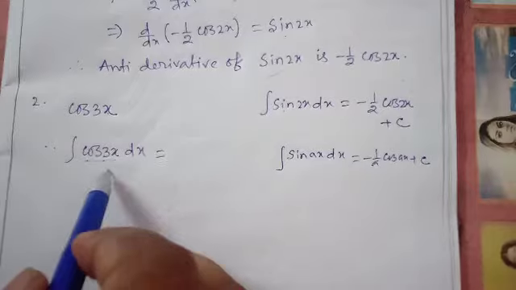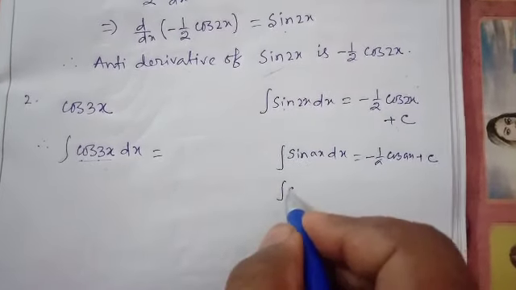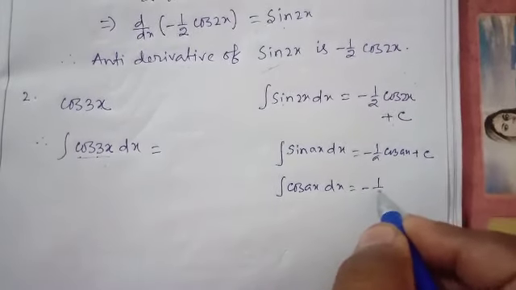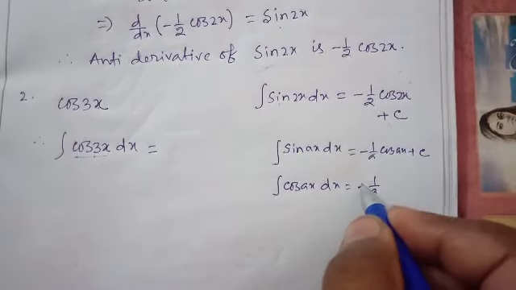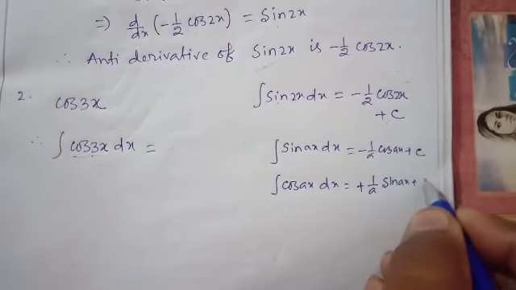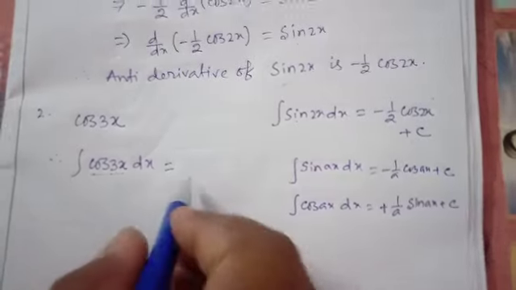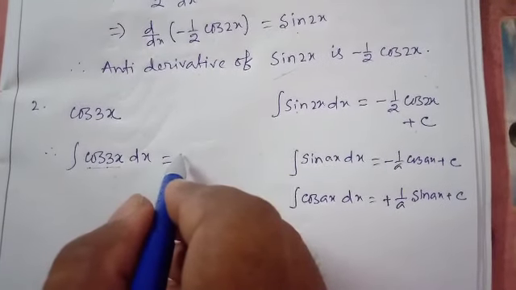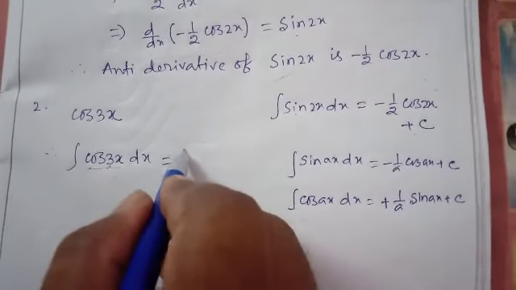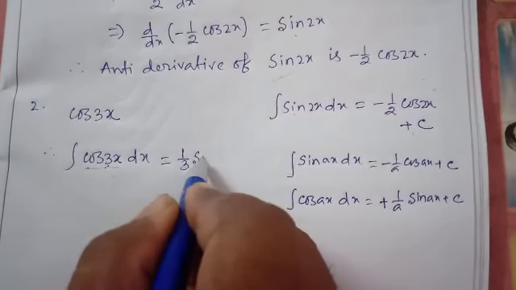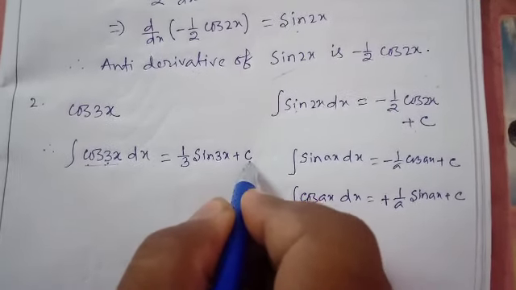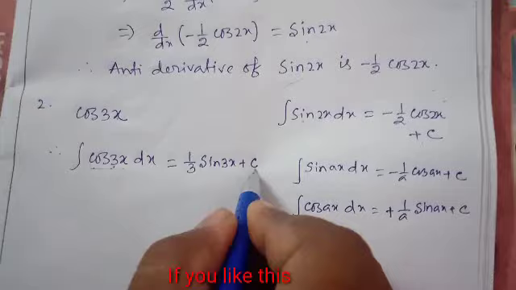In the same way, the integration of cos ax dx equals 1 by a sin ax plus c. So here 3 replaces a, so it is 1 by 3 sin 3x plus c. This c is your integrating constant.